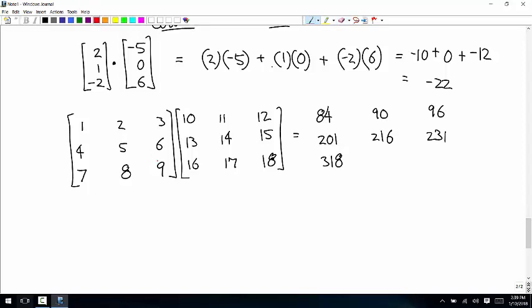The second one, we're going to have third row, second column, and that dot product gives 342. And then the last one is third row of the first matrix, third column of the second matrix. Let me know if you do any of these and these numbers are wrong. And then that gives 366.